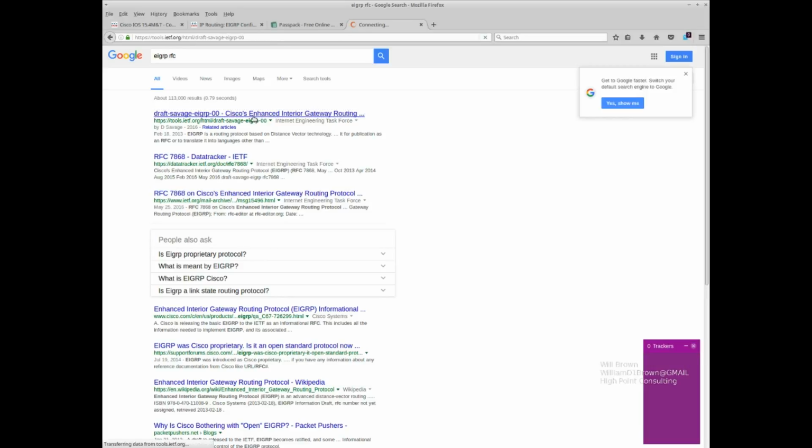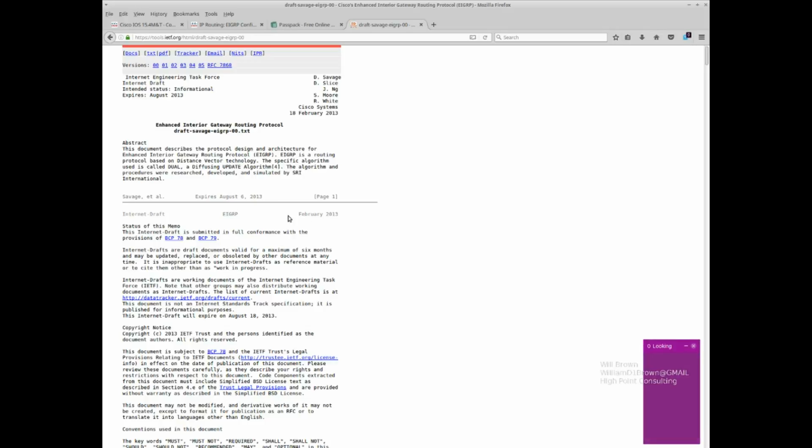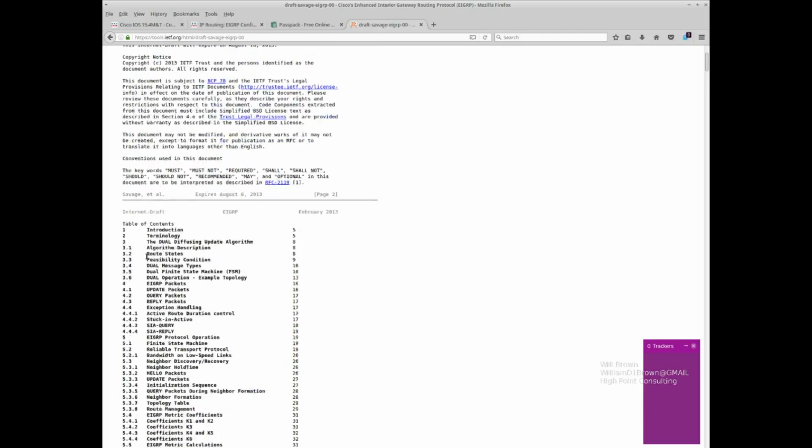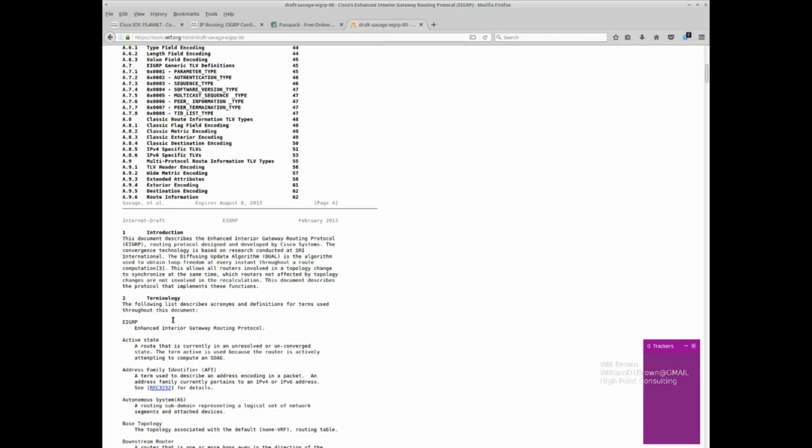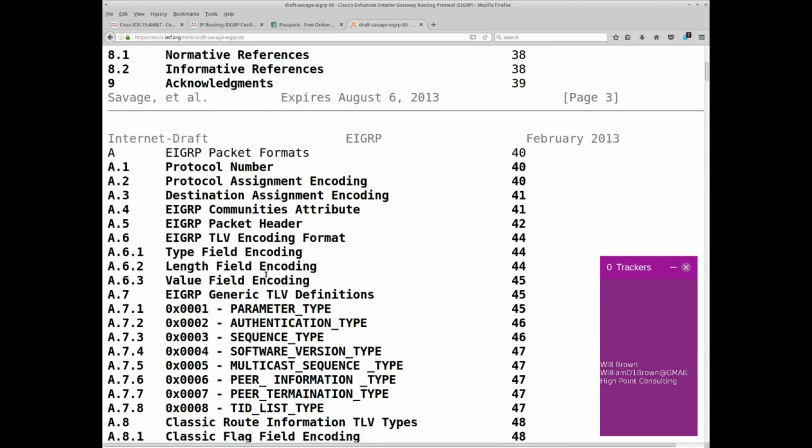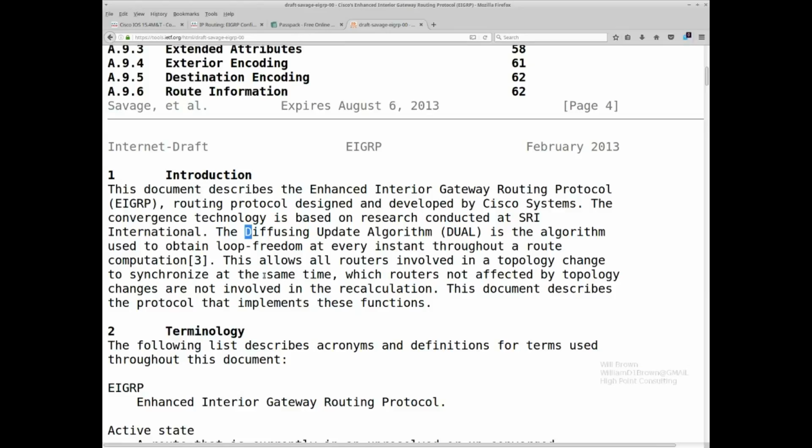So back in 2013, there was a portion of EIGRP that was opened up, and I'm sure there are some reasons why this was done.